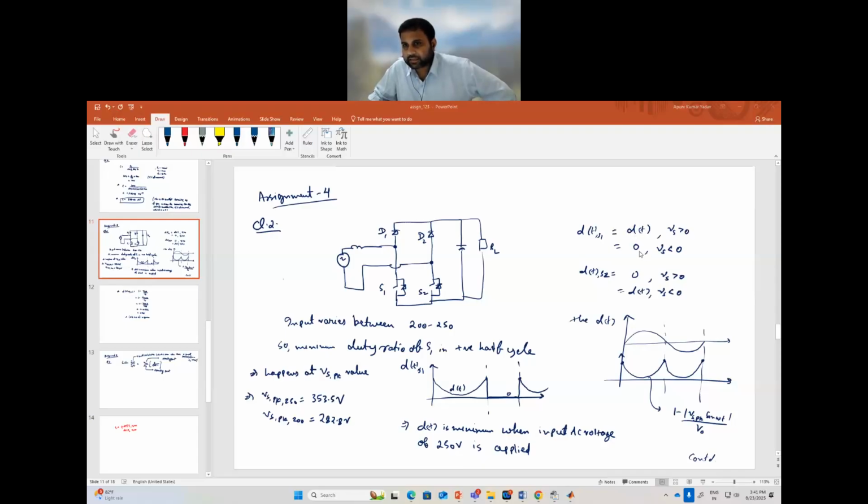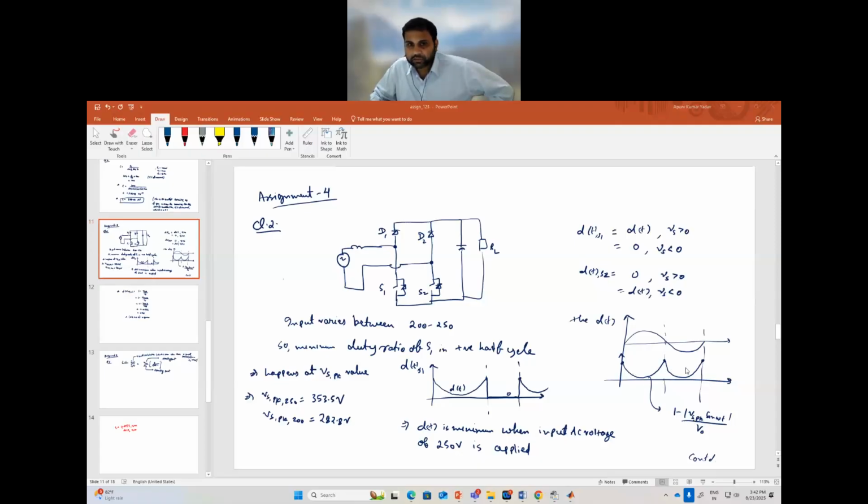In the negative half cycle it is completely off, because the diode connected across S1 is conducting. Similarly, on the second half bridge, for the S2 switch it is 0 in the positive half cycle, and the duty ratio will be d of t for the negative half cycle.